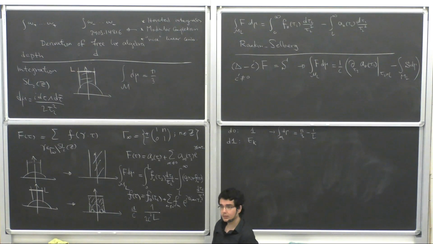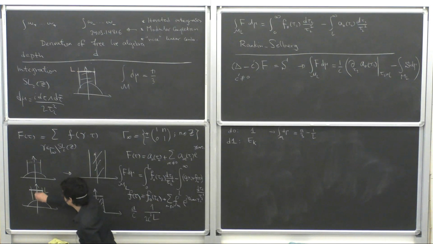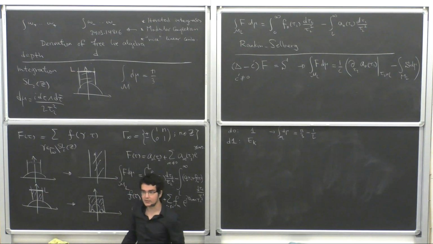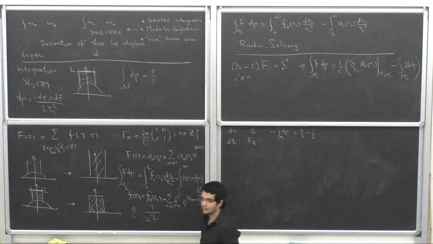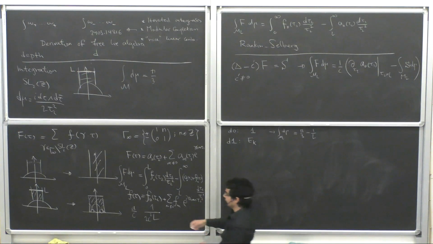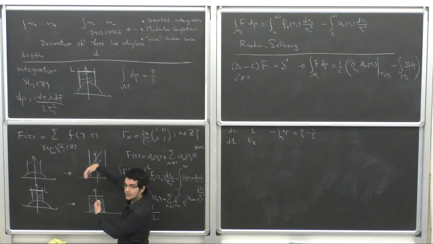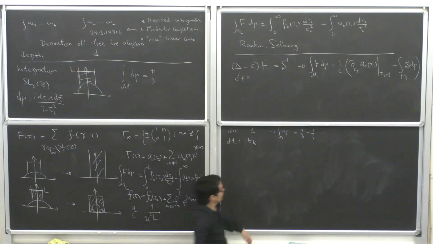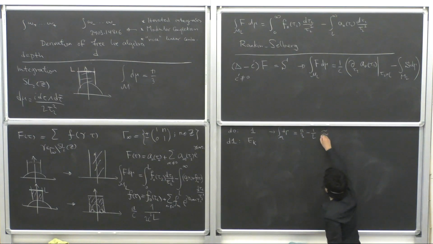Sorry? No, this is the thing that I'm integrating over. Oh, so that's something that I didn't talk about. So in the end, if you put all the pieces together, whatever comes out should be independent of L. So for this, there is another symbol that we use.